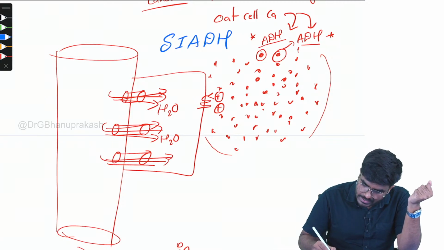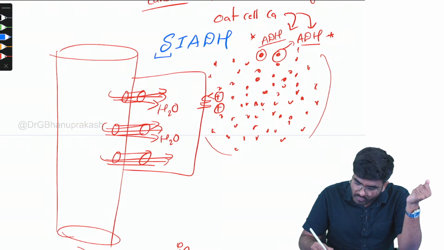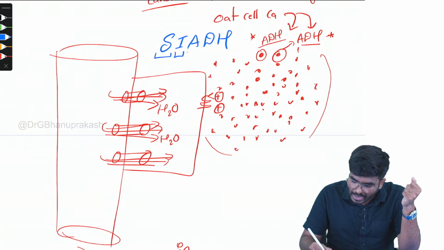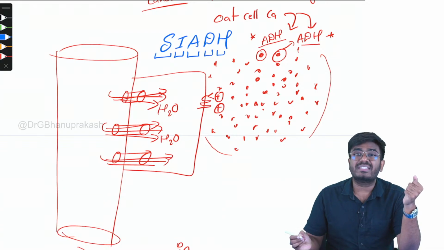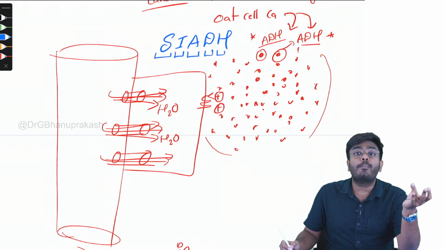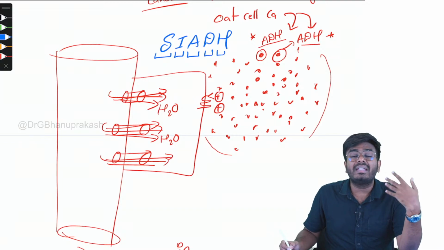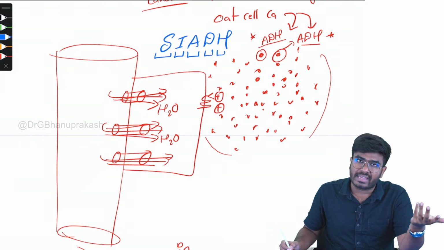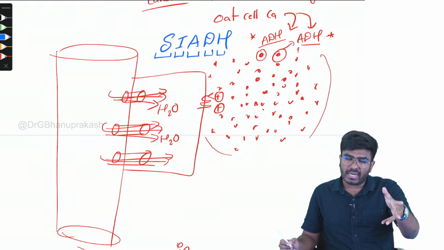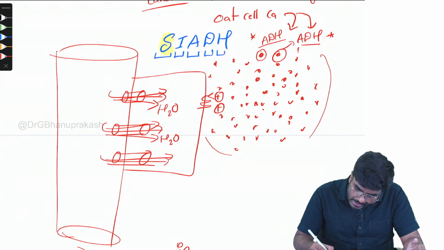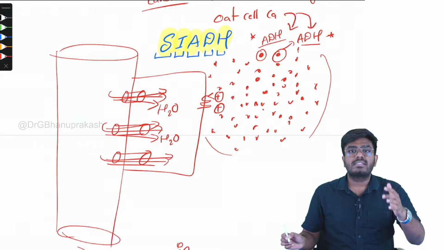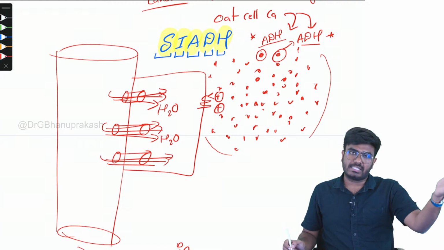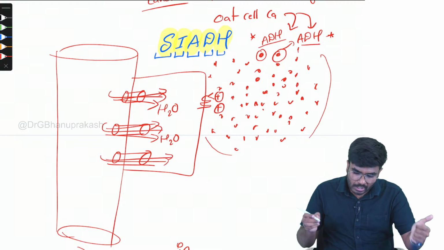What is SIADH? Syndrome of inappropriate antidiuretic hormone synthesis. Syndrome of inappropriately synthesized antidiuretic hormone. If you feel it is a little difficult, just know it like this: syndrome of increased antidiuretic hormone, syndrome of increased ADH. Now how to treat this condition?